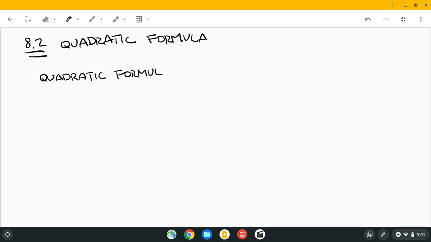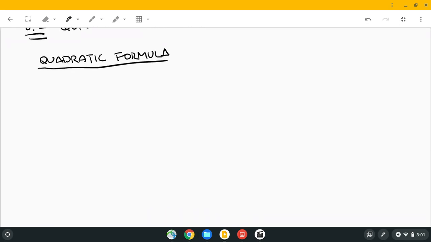And this formula is the formula that we use to solve any and all quadratic equations. Okay, so it turns out that if ax squared plus bx plus c equals 0, then the solution to this equation, x, is going to be equal to negative b.